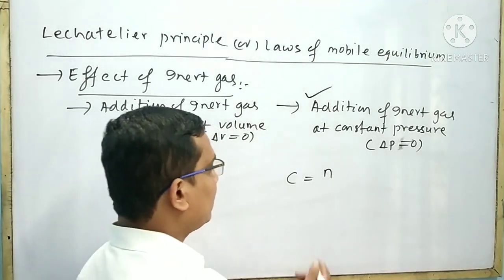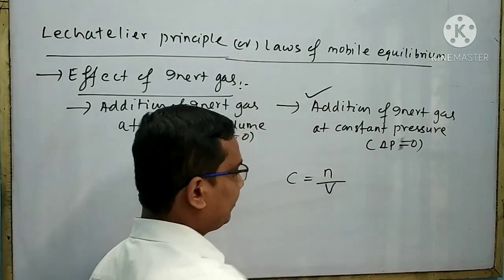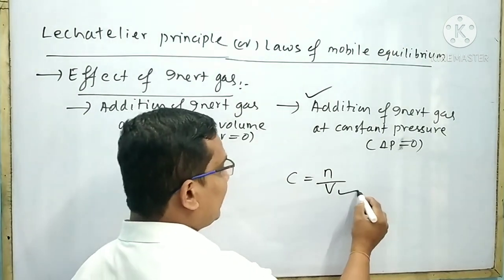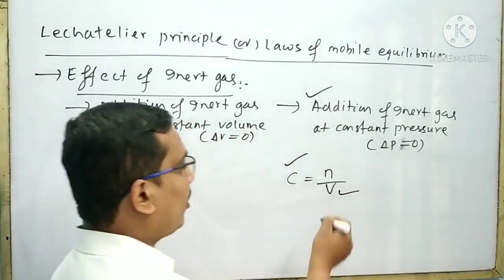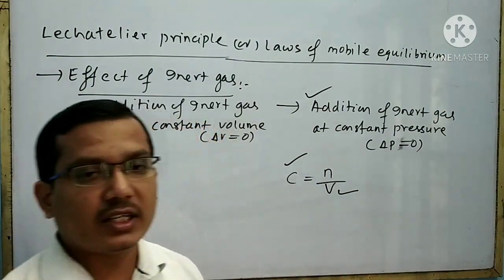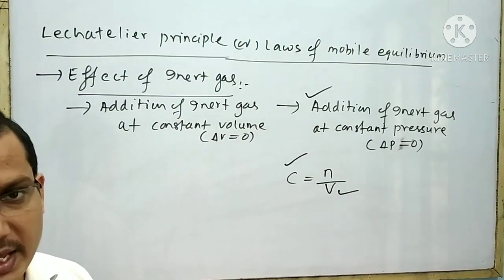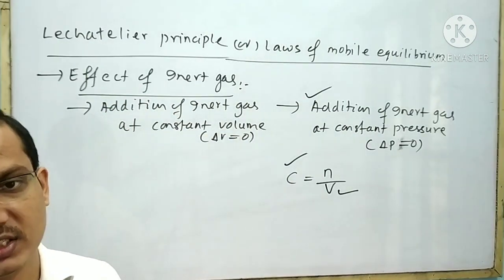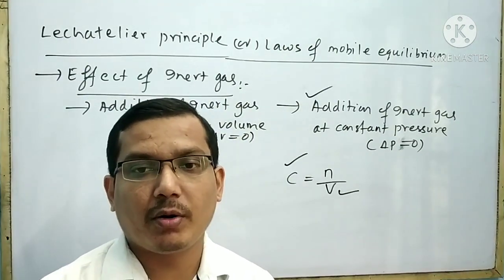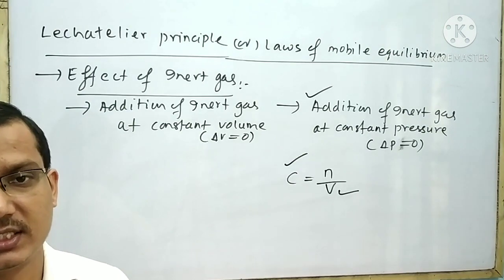That means C equals n by V. If the volume increases, then the concentration decreases. If the volume decreases, then the concentration increases. Hence, the equilibrium will shift in a direction in which there are more number of moles of gases present.